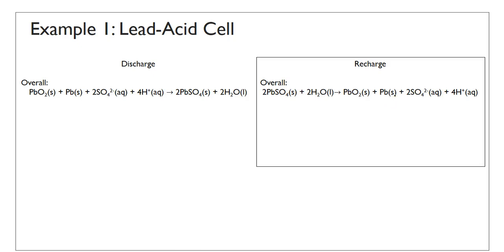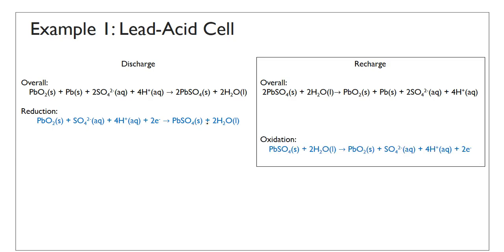This is the reduction of discharge earlier, and you're going to reverse this equation, so the reduction of discharge reversed becomes the oxidation of recharge. And similarly, the oxidation of discharge, you have to reverse it, and it becomes the reduction of recharge.